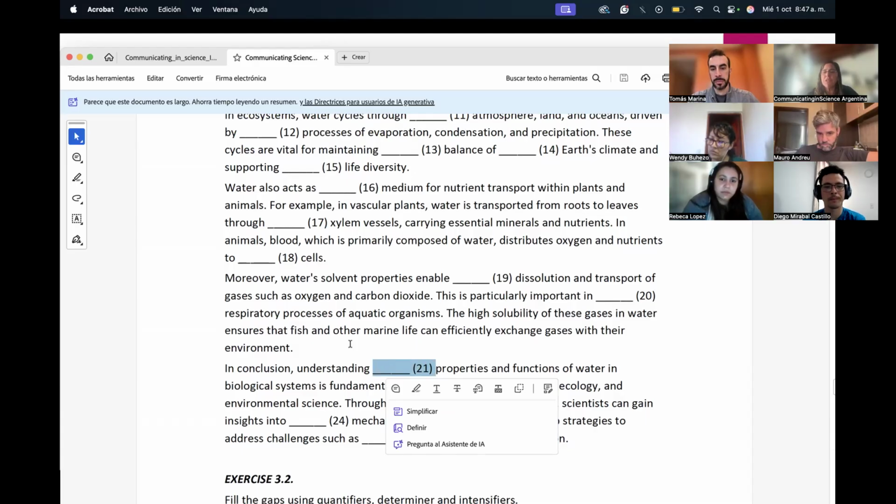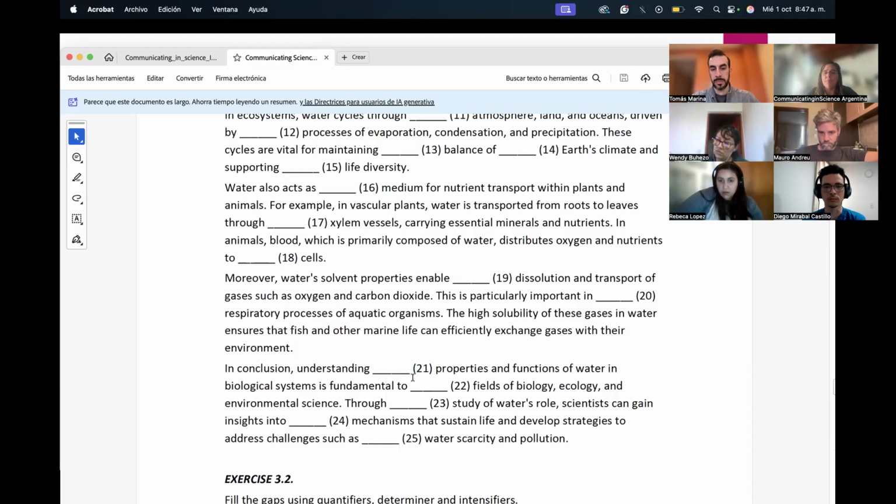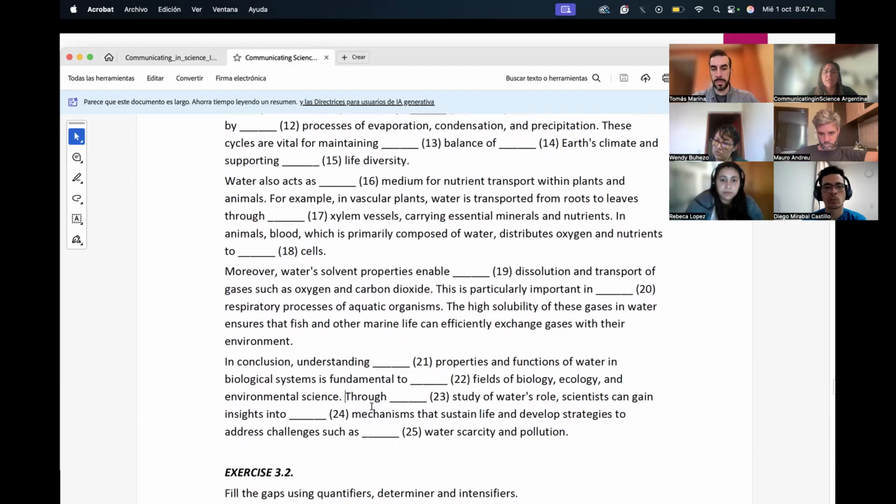Understanding the properties and functions of water. If you say understanding properties and functions, in this case, I would use the article. The properties and functions of water in biological systems is fundamental to the fields of ecology, of biology, ecology, and environmental science.